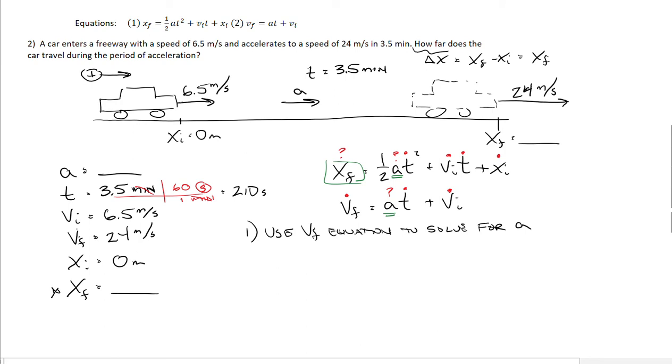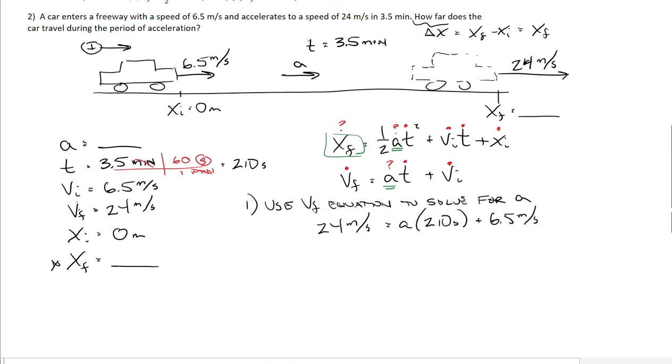So when I plug in, v final is 24 meters per second. That equals a times the 210 seconds that I converted, plus the 6.5 meters per second. And it's an algebra problem to solve for a. We're going to subtract 6.5 meters per second from both sides.